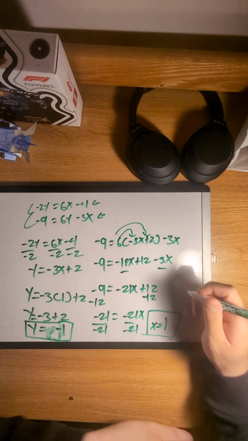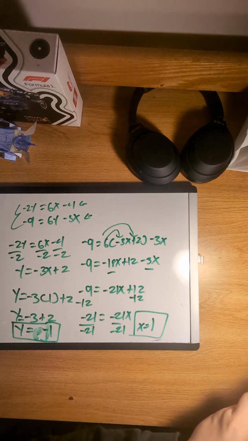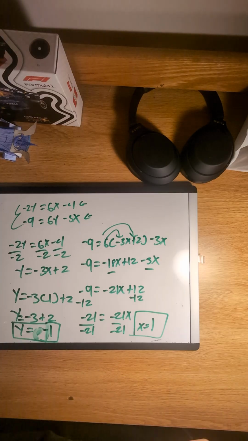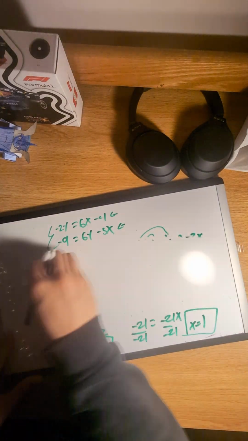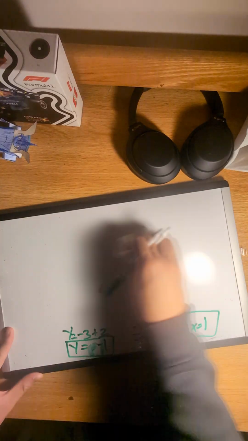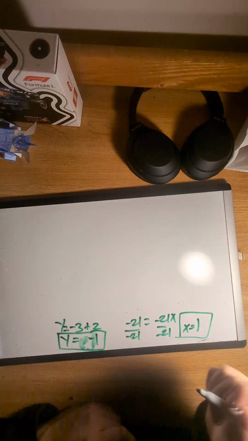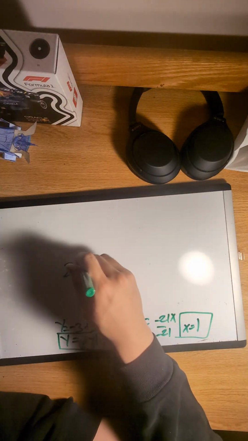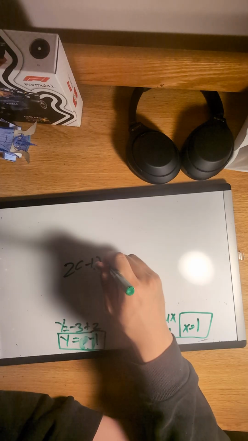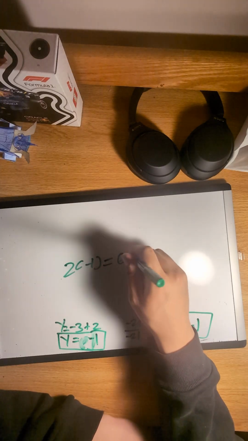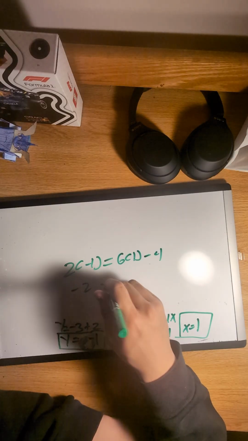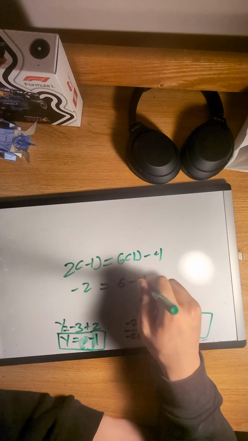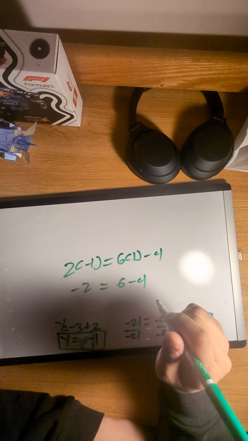We're going to plug that in. Let me erase this one because we just double checked that, and this top one. So we have our y value. Let's plug this back into what we did earlier. So it's going to be negative 2 times negative 1 equals 6 times 1 minus 4.